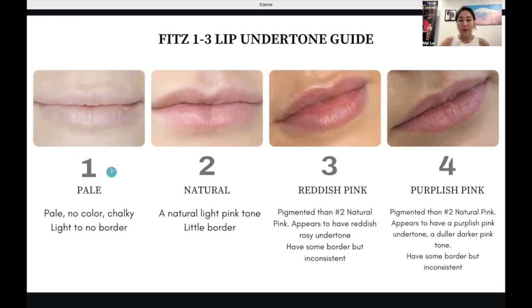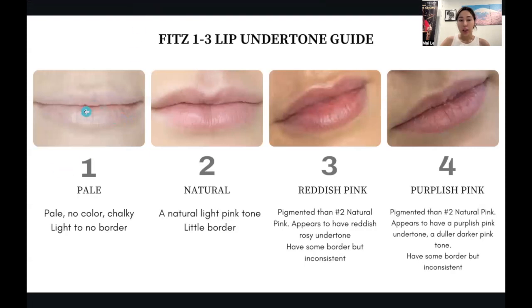We have the number one type, and you can see that their lips are super pale. There's hardly any color on it, and it's sort of chalky because there is no color, so you don't really see the borders. So this lip is really pale, no color.